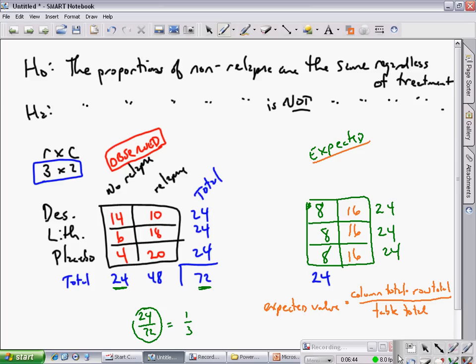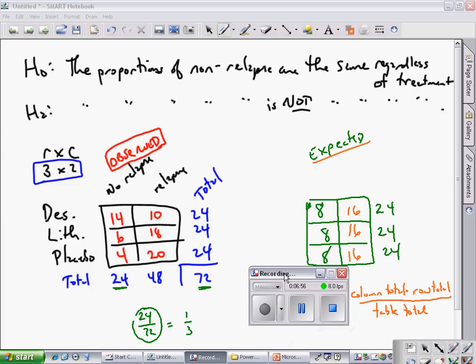The row total for the first row is 24. And the table total is 72. So if you say 24 times 24 divided by 72, you should end up with the expected value. And you can go through the rest of this to see it's row total times column total over table total.